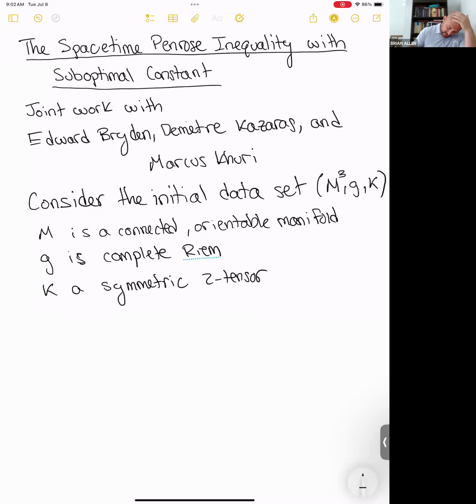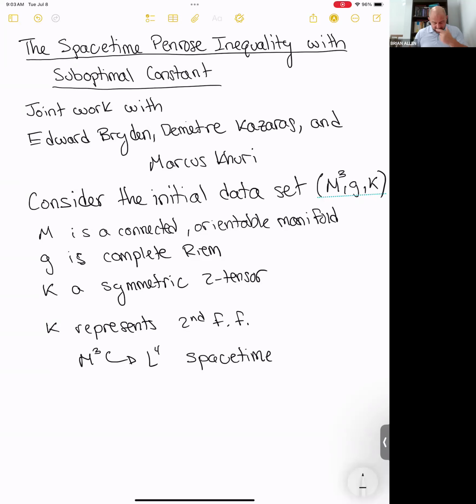In general, you can just think of K as some data, but it has some significance other than that. K represents the second fundamental form of an embedding of M3 inside of a four-dimensional spacetime, which is a Lorentzian metric with a time-like vector field orienting it.